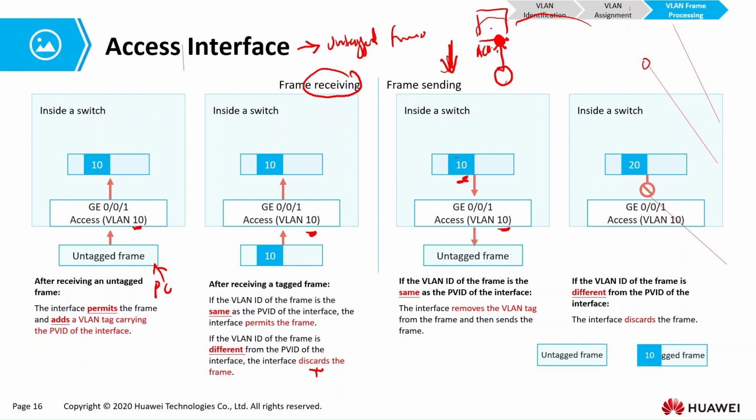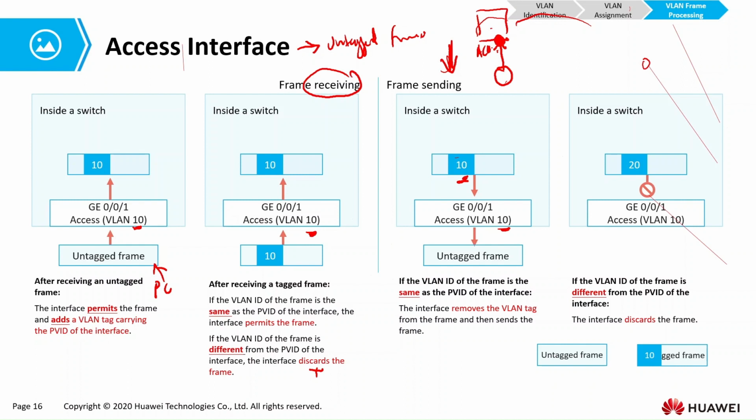To simplify: the access interface only sends and receives untagged frames. If you receive an untagged frame, you add the VLAN tag based on your PVID. When sending, you check whether the tag matches your PVID; if not, you discard it, and if it matches, you allow it to pass.